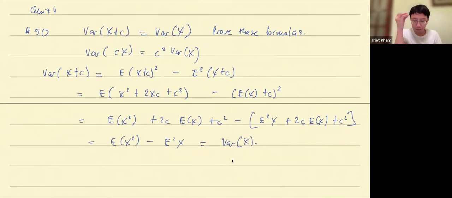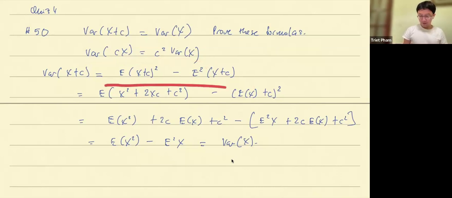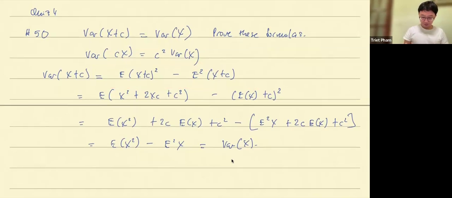All right, any question? This is the same, but much easier, so I'm going to skip. But you can just do the same thing, apply the definition, and you see that it's straightforward: C squared times the variance of X.